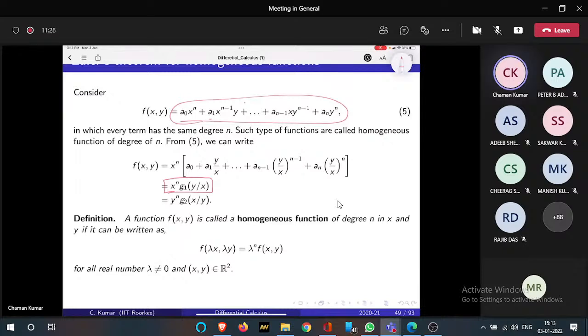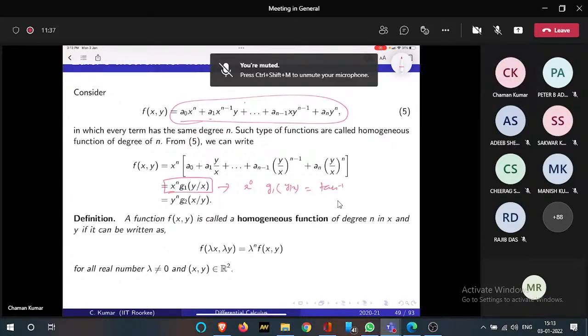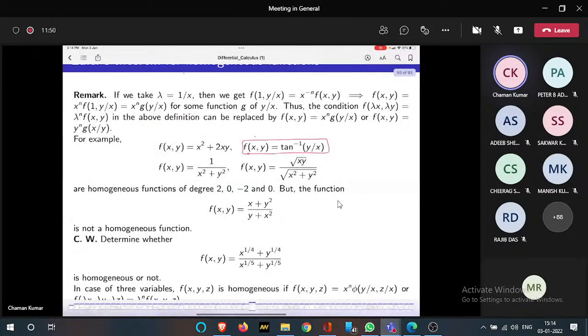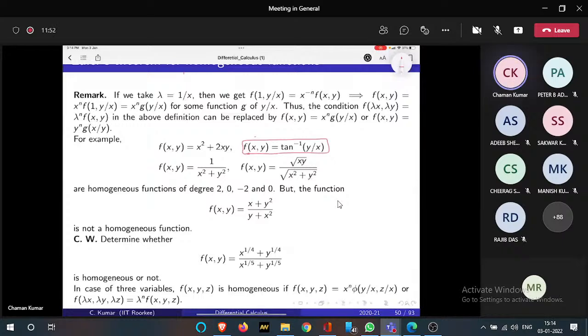For the second function, basically this is x raised to 0, and g1(y by x) is tan inverse y by x. So x raised to 0 into tan inverse y by x. This is also a homogeneous function of degree 0.